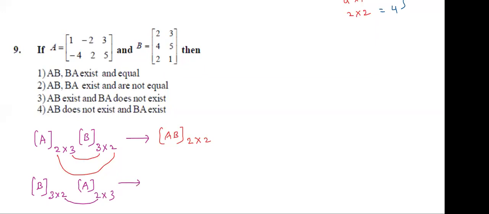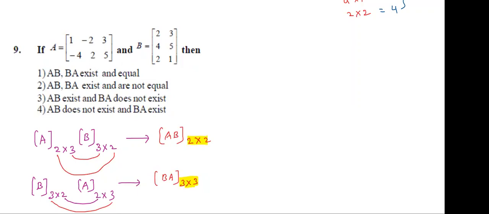After multiplication, what matrix are we getting? That is a 3 by 3 matrix. Okay, when two matrices are equal, the two matrices have the same order, but here it is 2 by 2, here 3 by 3. AB and BA matrices are not equal.